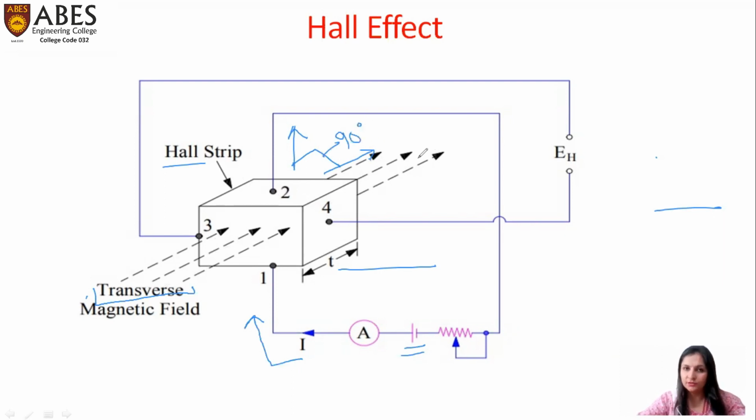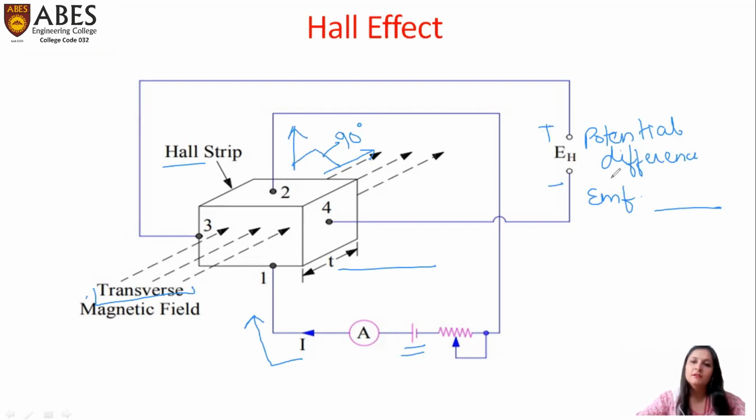Whenever this condition occurs, we see a potential difference on the other side of the strip. We can call it a potential difference or an EMF which is generated. This generated EMF gives us the Hall effect, and when we use this type of material as a sensor, it is known as a Hall sensor.